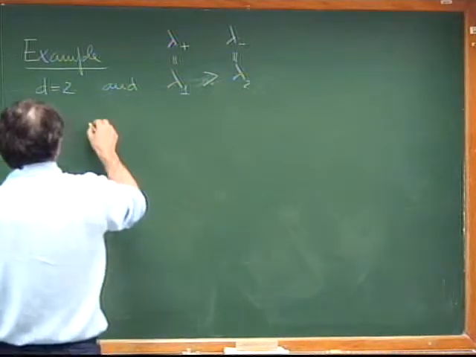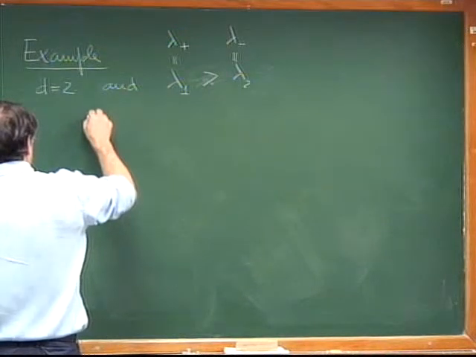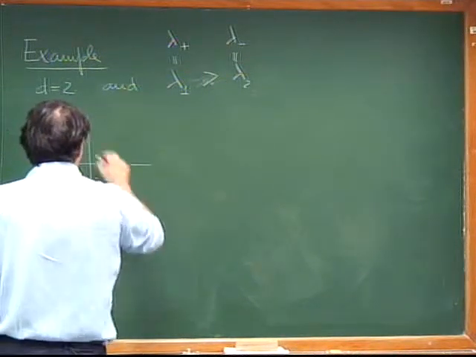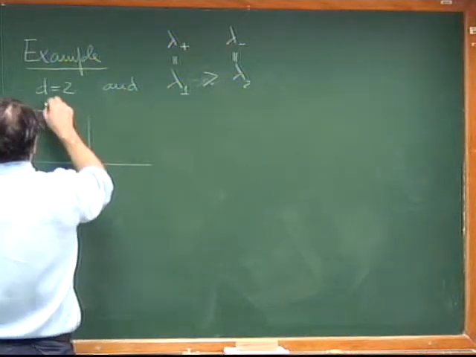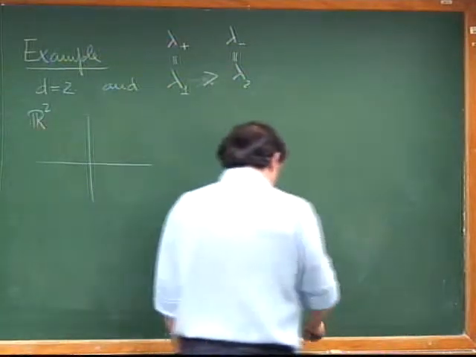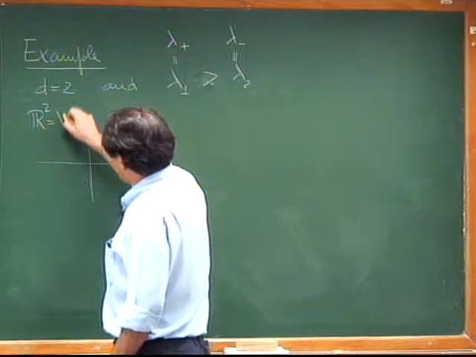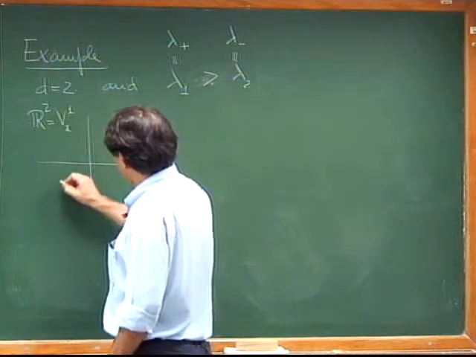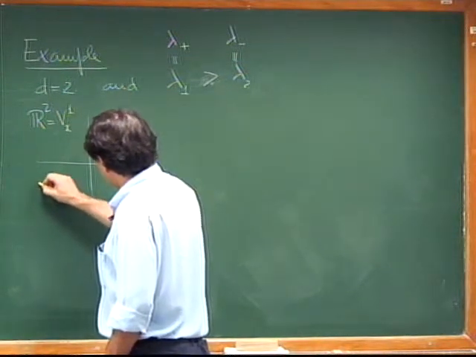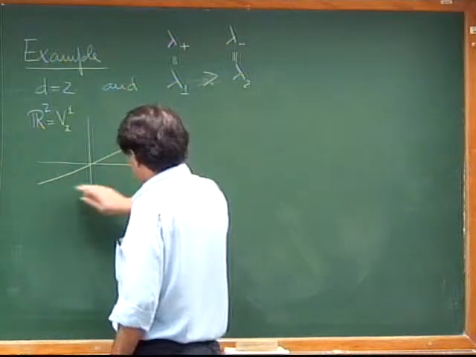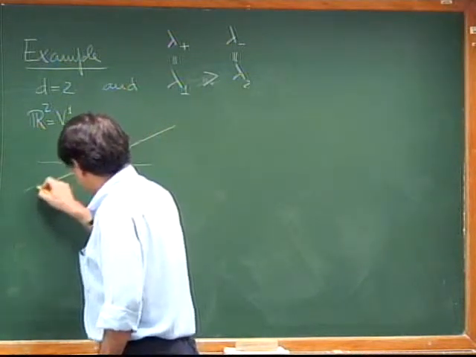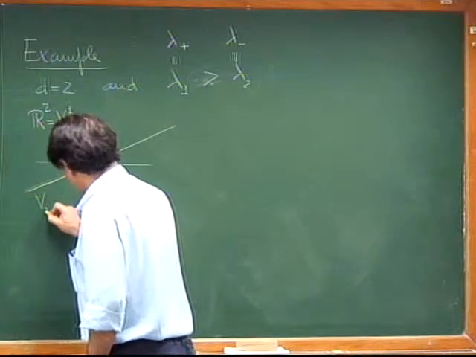So what this means is that at almost every point, we have R2, which is equal to V1, and then we have the next subspace in the flag, which is Vx2.